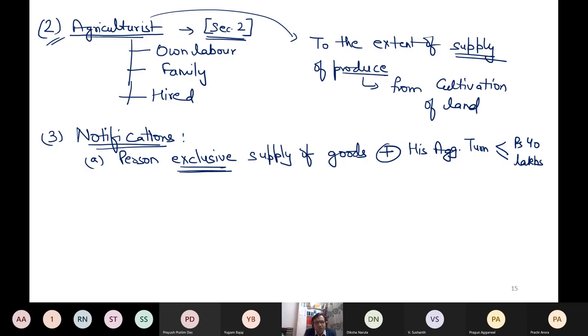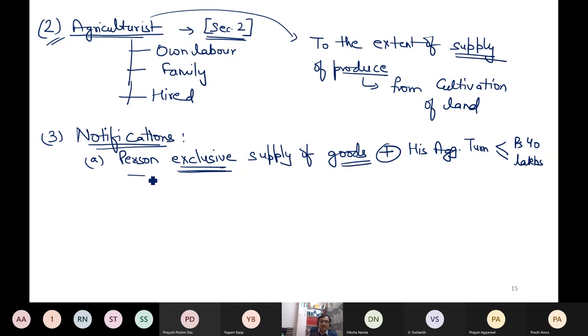These are through notifications to promote some simplicity in GST businesses. Do remember it is goods only; if the aggregate turnover does not exceed 40 lakh, non-registration.